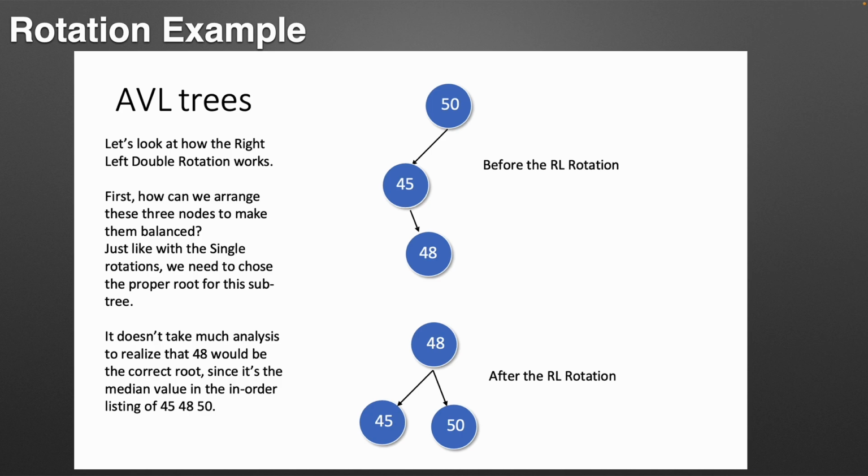Here we're actually doing this kind of compound rotation to make it a balanced subtree. So before the right-left rotation, we have it looking like this in the tree. And then afterwards, we're going to have it looking like this.